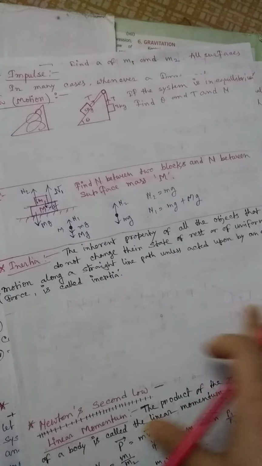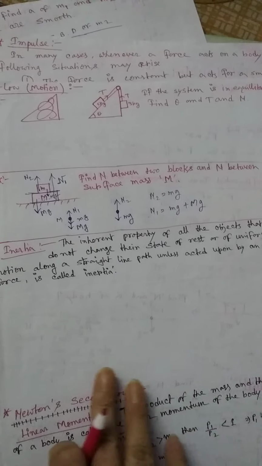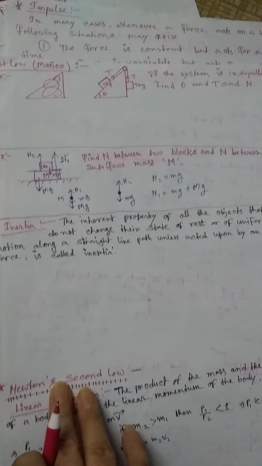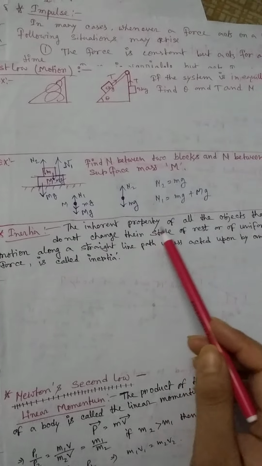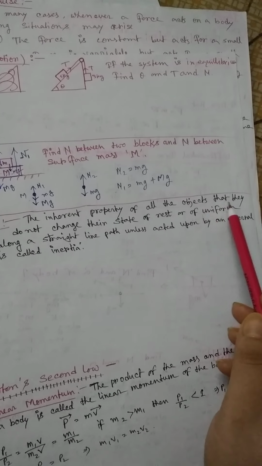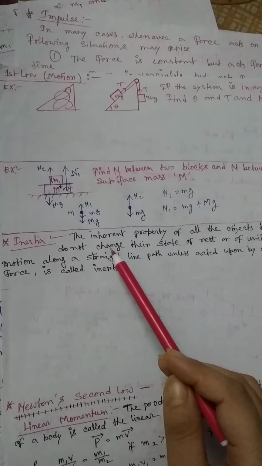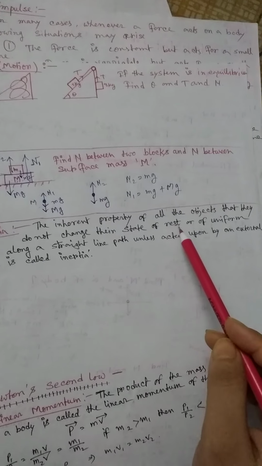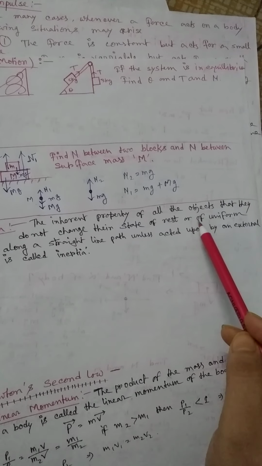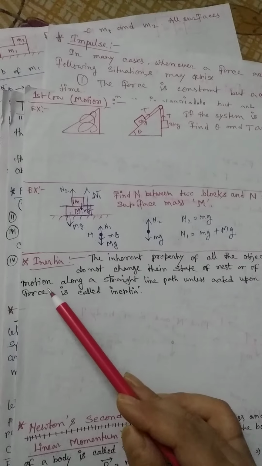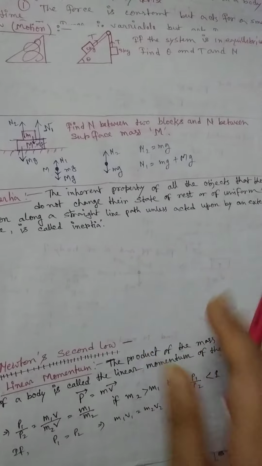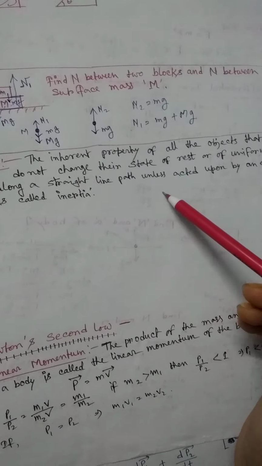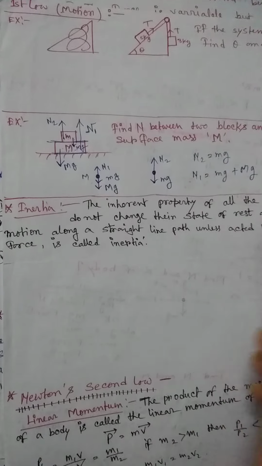Next topic is inertia. The inherent property of all objects that they do not change their state of rest or of uniform motion along a straight path unless acted upon by an external force is called inertia.